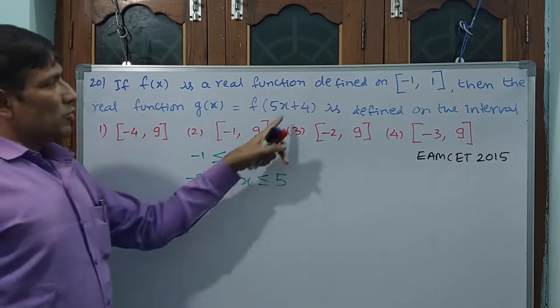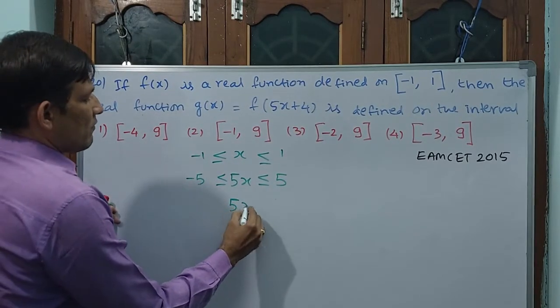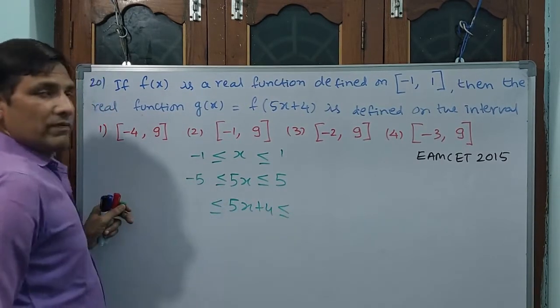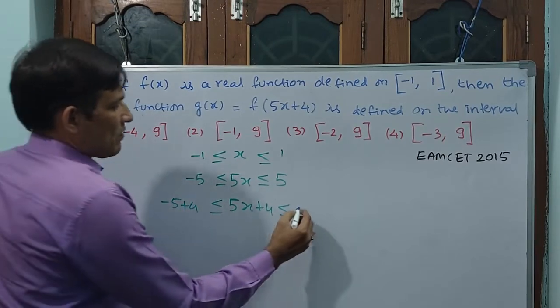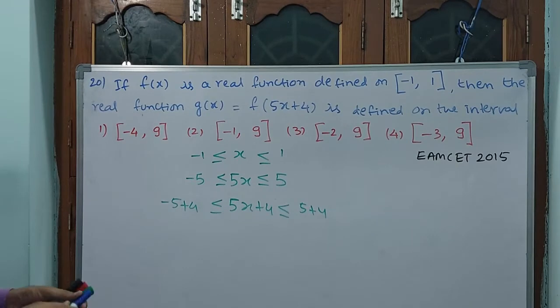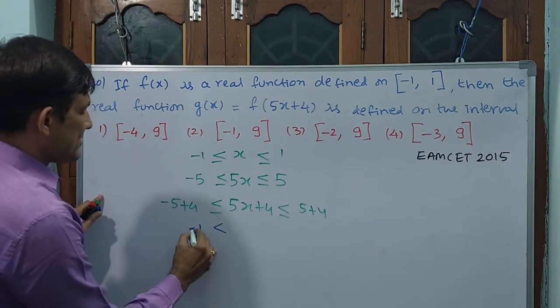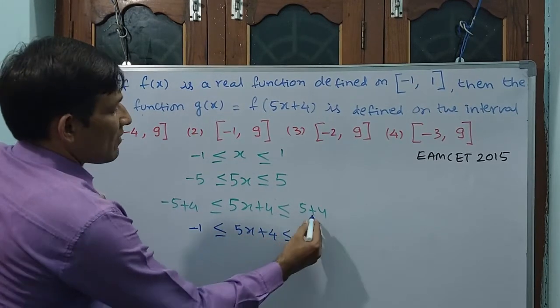Okay? But you require plus 4 also again. Write down 5x plus 4. Minus 5 plus 4, minus 1. 5 plus 4, 9.